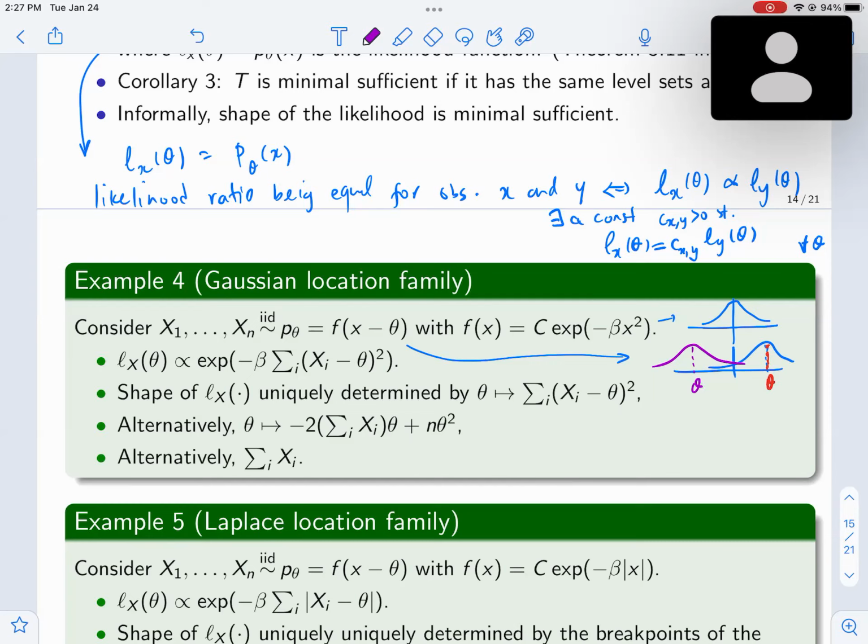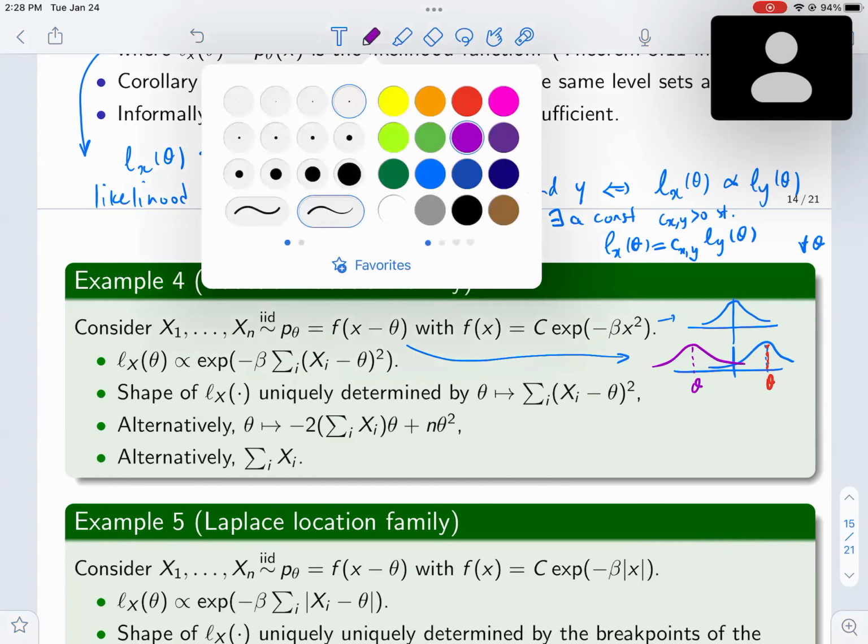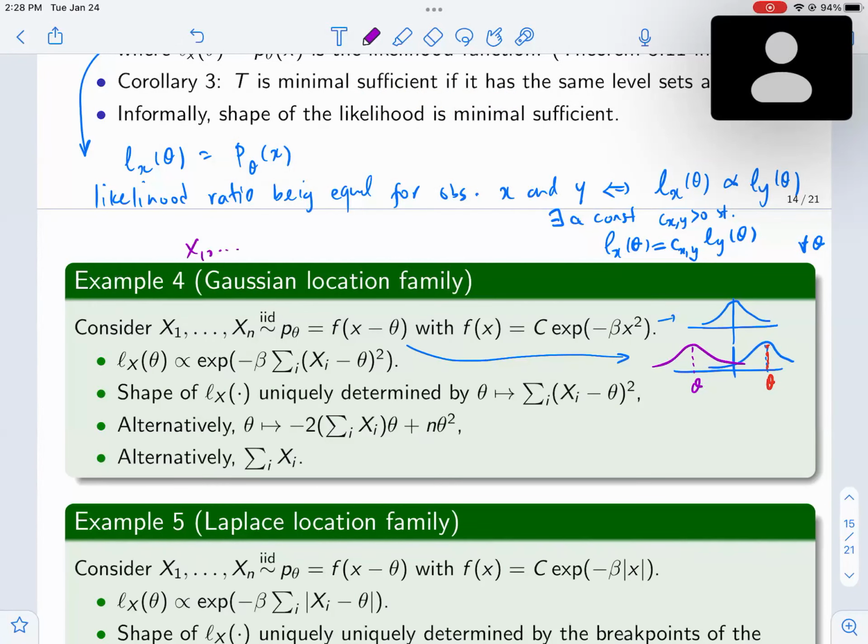So this produces, if you are comfortable with the Gaussian distribution, basically a normal location family. It's like saying X1 up to Xn are IID from a normal with mean theta and some variance. I don't know, call it C prime, just some variance.